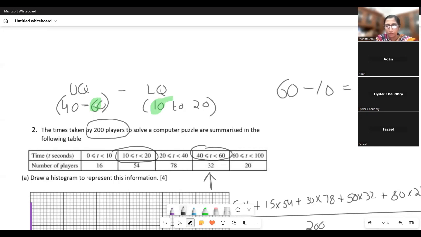Okay, that is the answer. कोई questions हैं तो please पूछो.